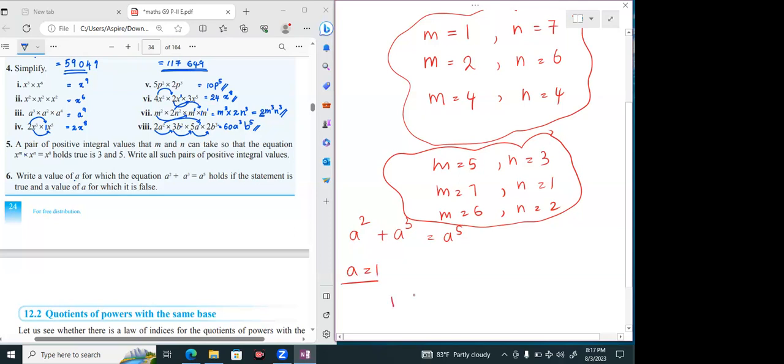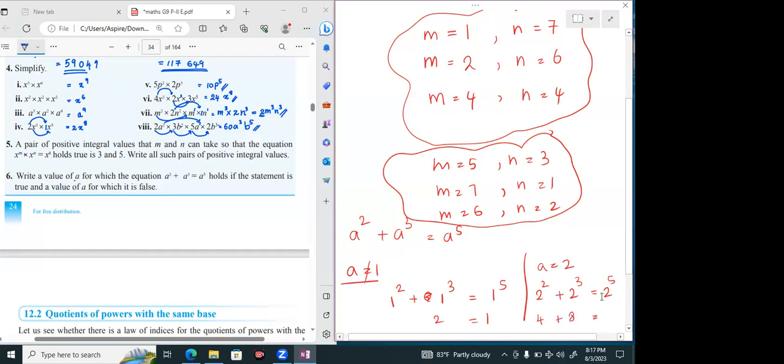It is 1 to the power of 2 add 1 to the power of 3 equals 1 to the power of 5. Then here we obtain 2 equals 1. That means we can't take a equals 1. Then if we take a equals 2, then it is 2 to the power of 2 added 2 to the power of 3 equals 2 to the power of 5. 2 to the power of 2 means 4. 2 to the power of 3 means 8.